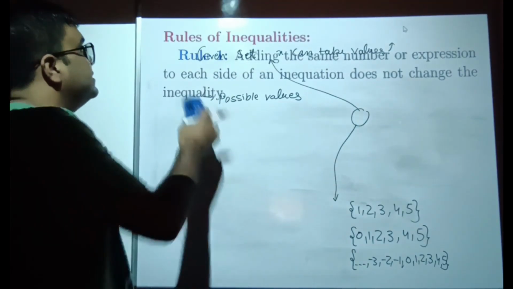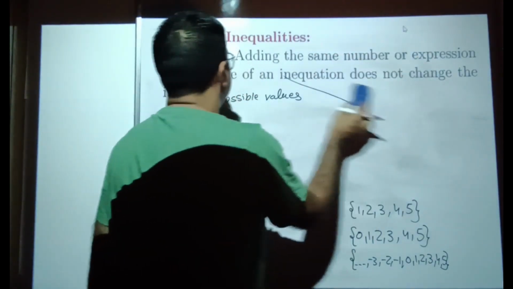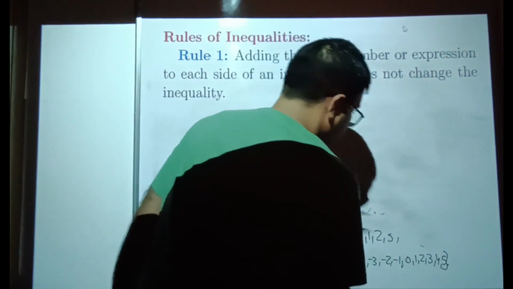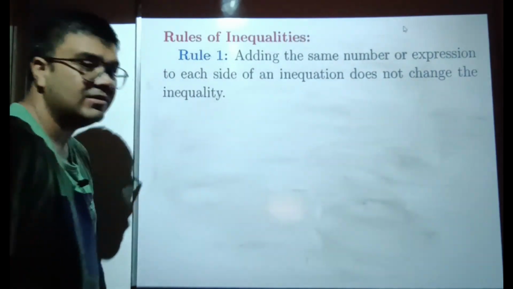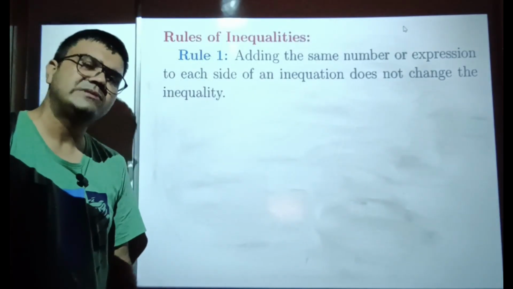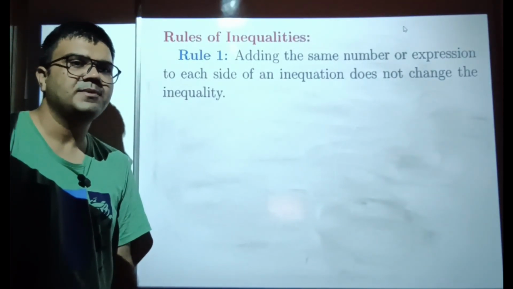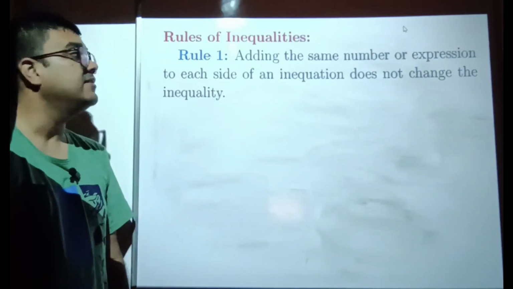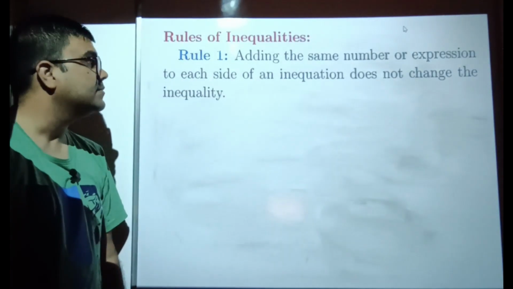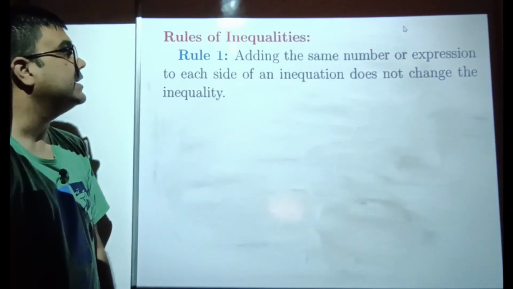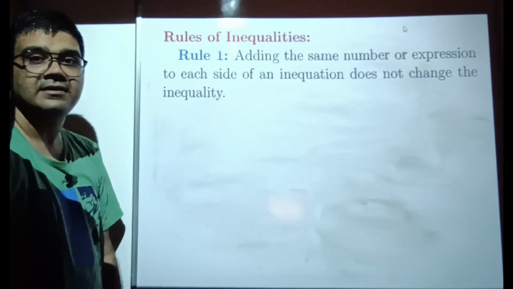Next we have listed certain rules related to inequalities that you can use whenever we are solving linear inequalities. These rules you already know, you have studied them in your previous classes. This is just a review. The first rule: adding the same number or expression to each side of an inequality does not change the inequality.